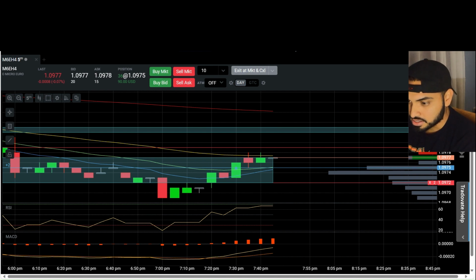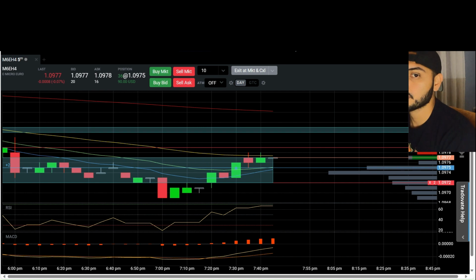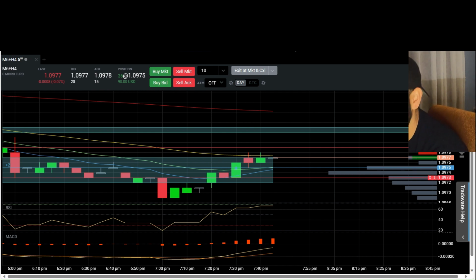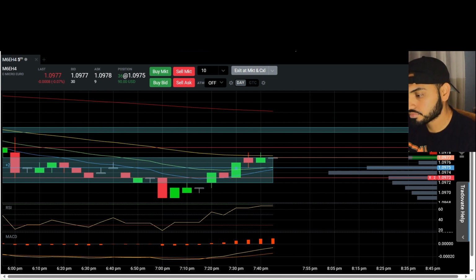But since prices keep going up, I should move my stop up just a bit. I should move my stop up a tick because we're following the play. So even if it comes back down, I lose a little bit less money.